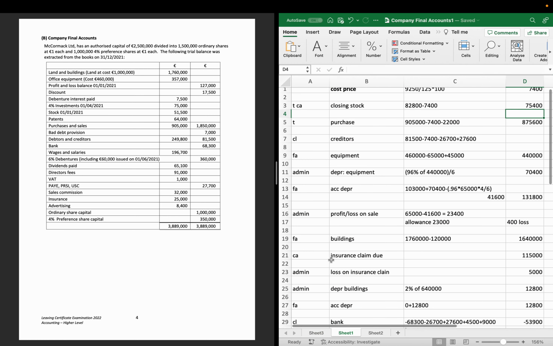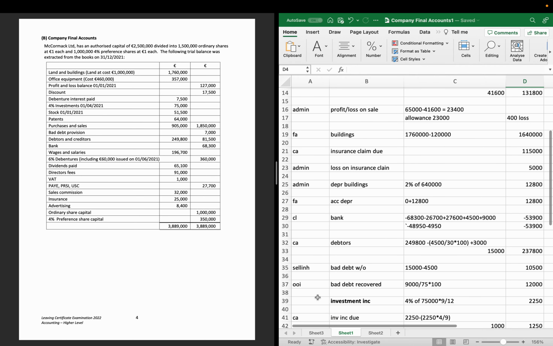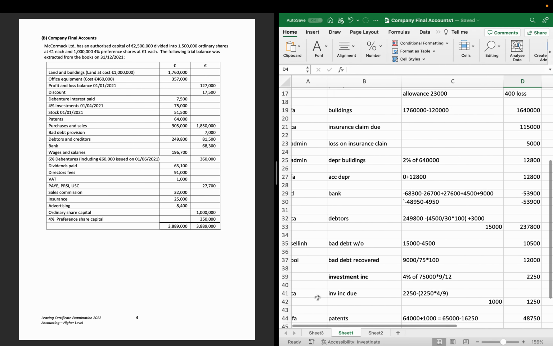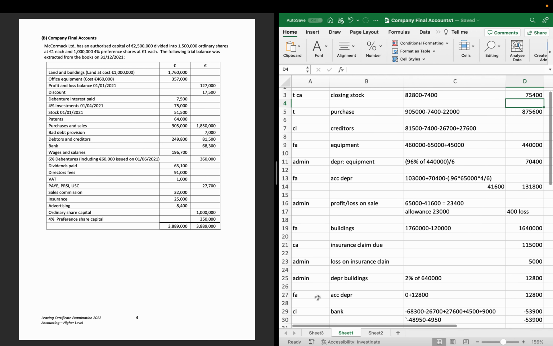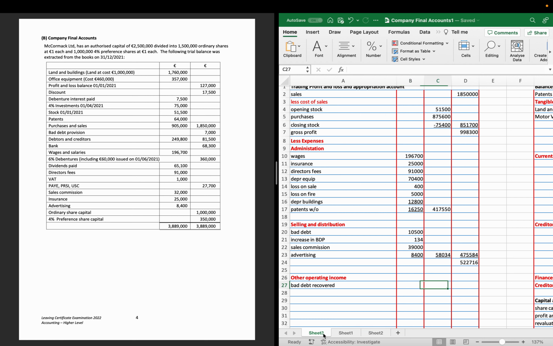Bad debt recovered was 12,000, and any more? No more there. So just checking the credit side, you've got a discount of 17.5. So your operating profit is 552,216.